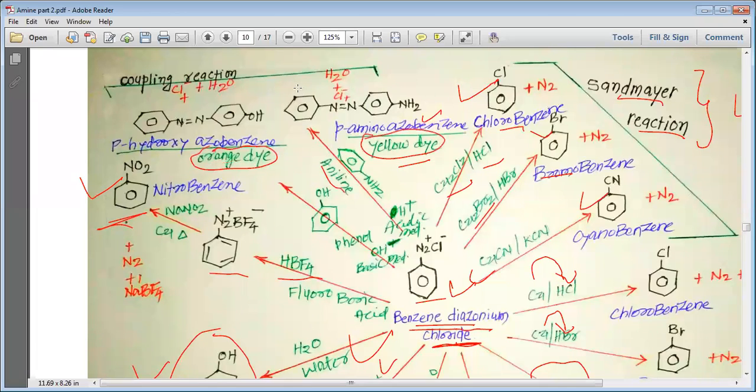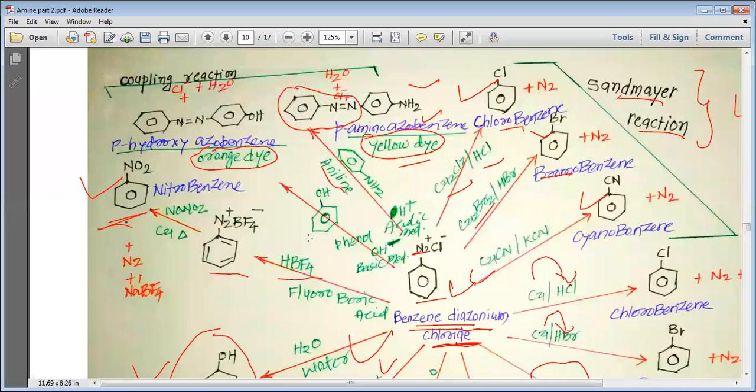You can see that this is the part of the benzene diazonium chloride, because both N are included in it, and this is the part of the aniline. Just aniline comes and combines with the nitrogen of diazonium chloride, and we get this reaction.